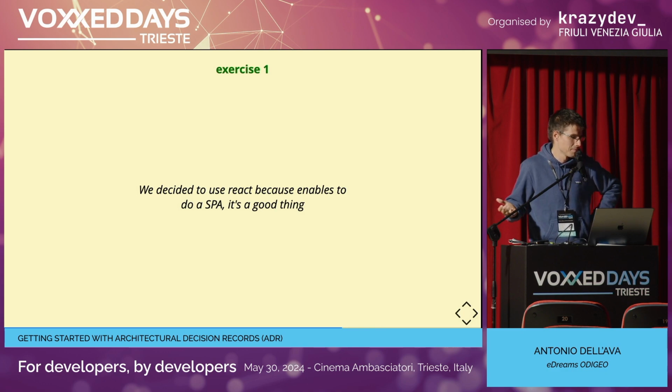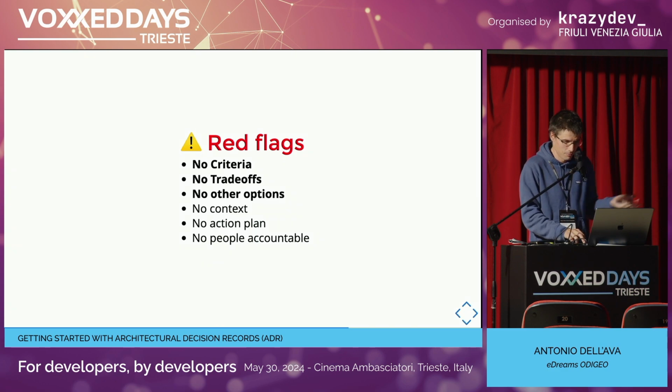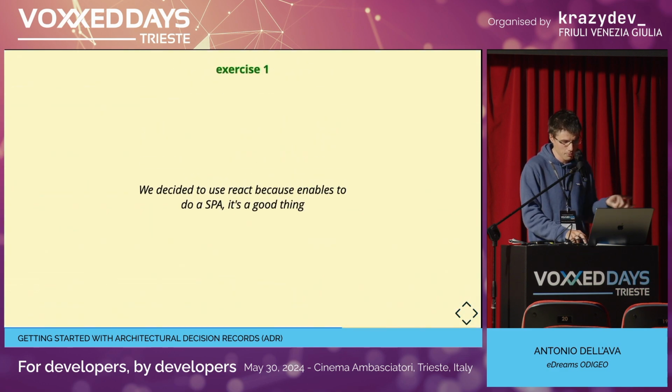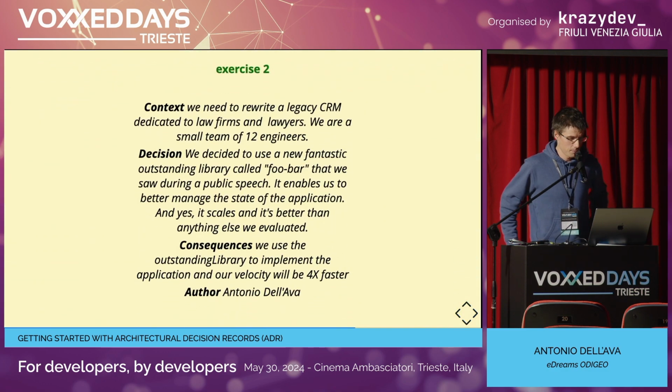It's a good thing. This is too easy. This is not an ADR, it's just the decision. So no criteria, no trade-off, no options, no context. It doesn't work. So if you see something like this, it's not an ADR. So do not complain if it doesn't bring value. It's not an ADR.